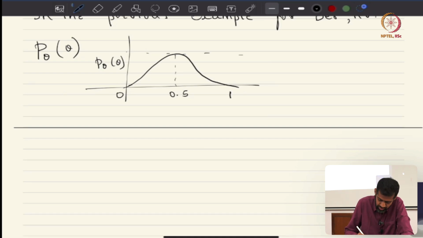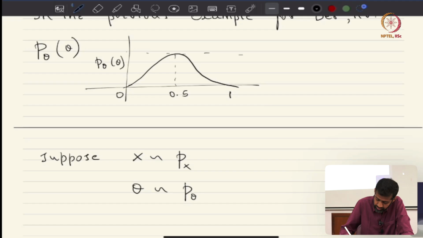So suppose your data x is sampled from some p_x. This is the data that we have, and the parameter theta is coming from p_theta, which is the prior on parameters.